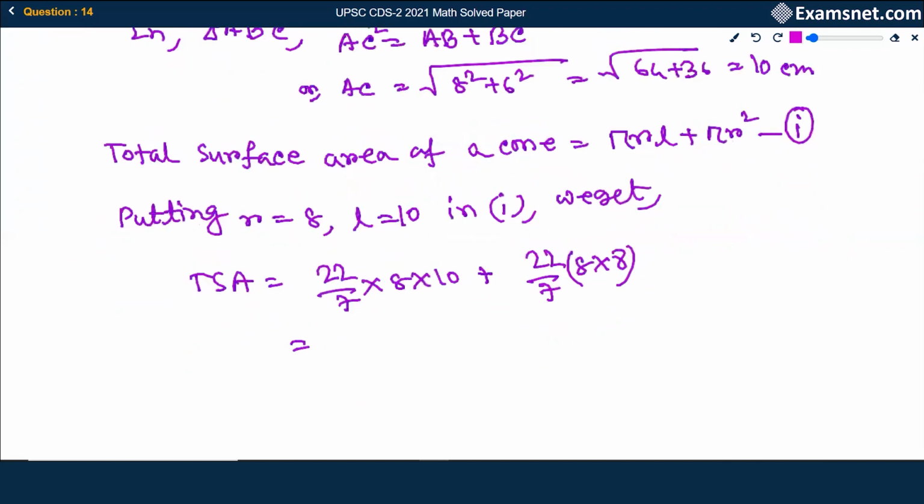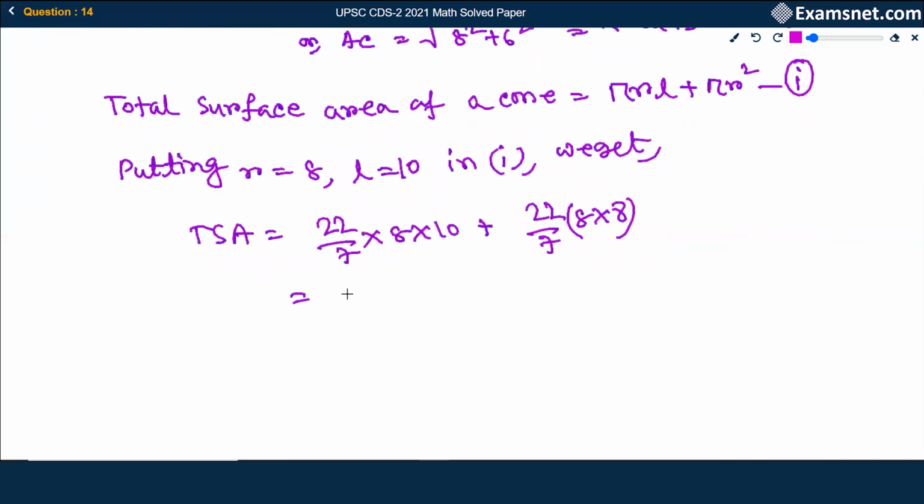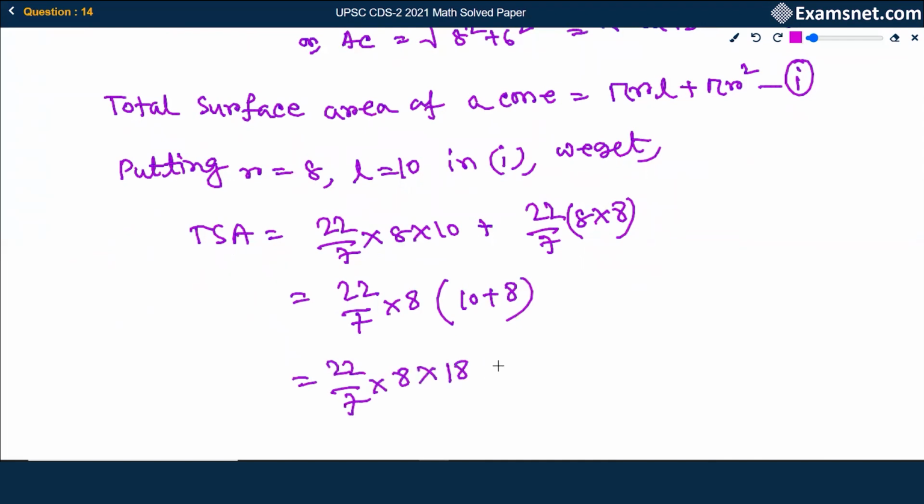So we can take pi R common: 22 by 7, 8 multiplied by 10 plus 8, that is 18.